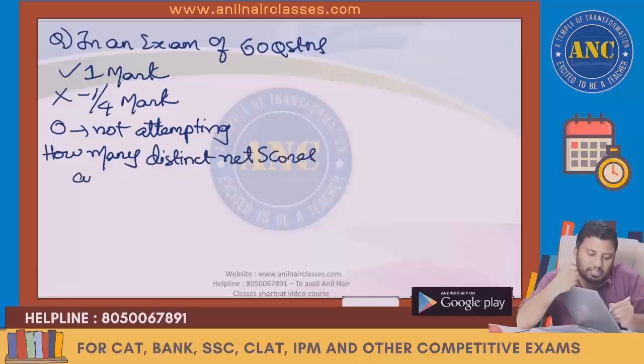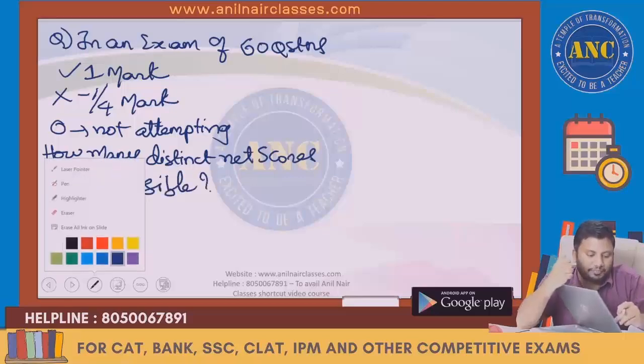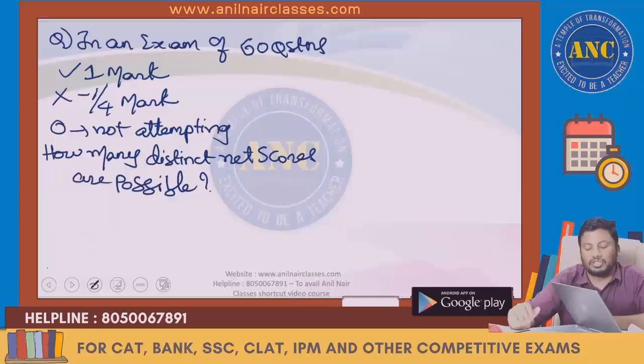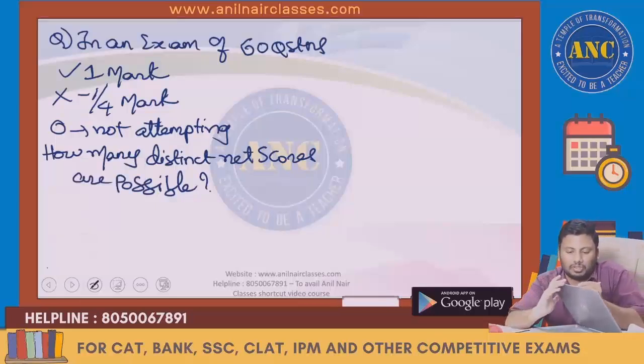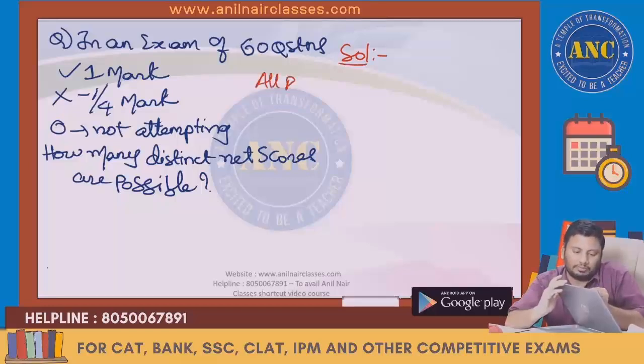After this, we will discuss this shortcut. How many distinct net scores are possible? Solution. All right is nothing but 60, right answer 1, so it is 60.